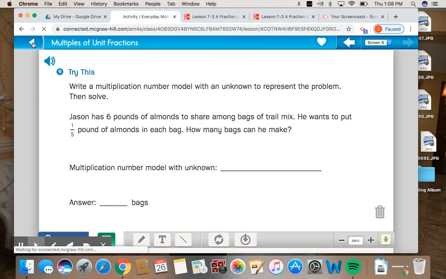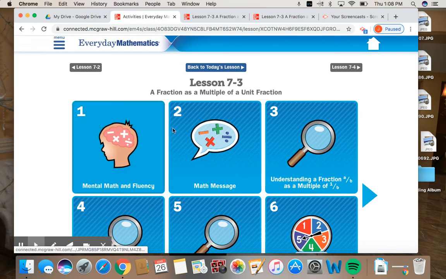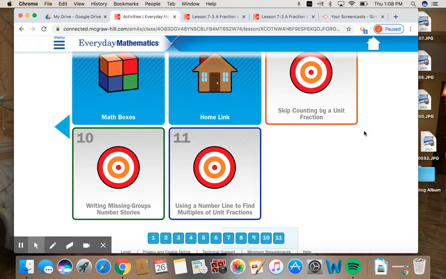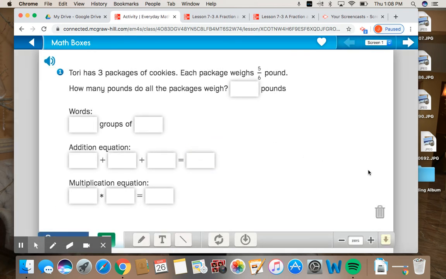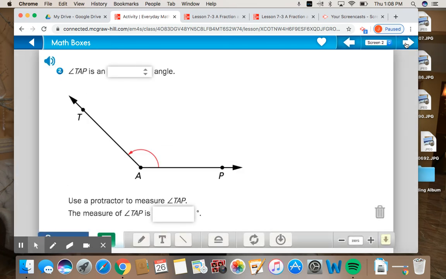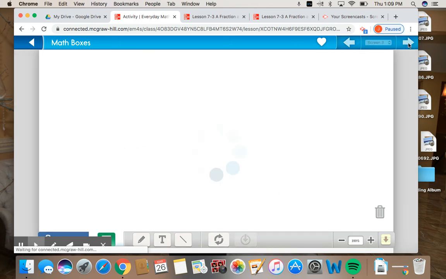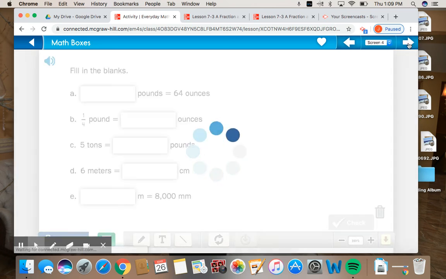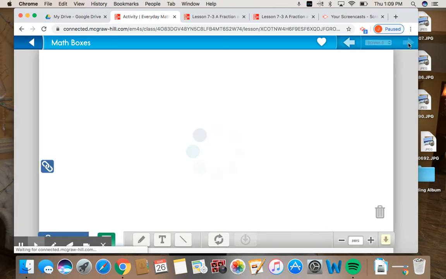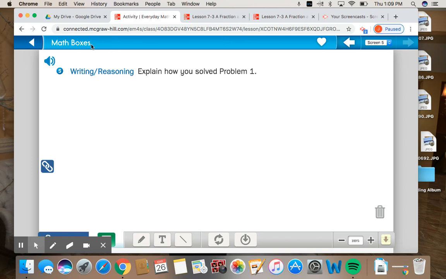When you're all finished with that, you do have your math boxes for today. Here are your math boxes. Here's box 1, box 2. You might not be able to measure unless they give you a protractor down there. Box 2, 3, 4, and box 5.